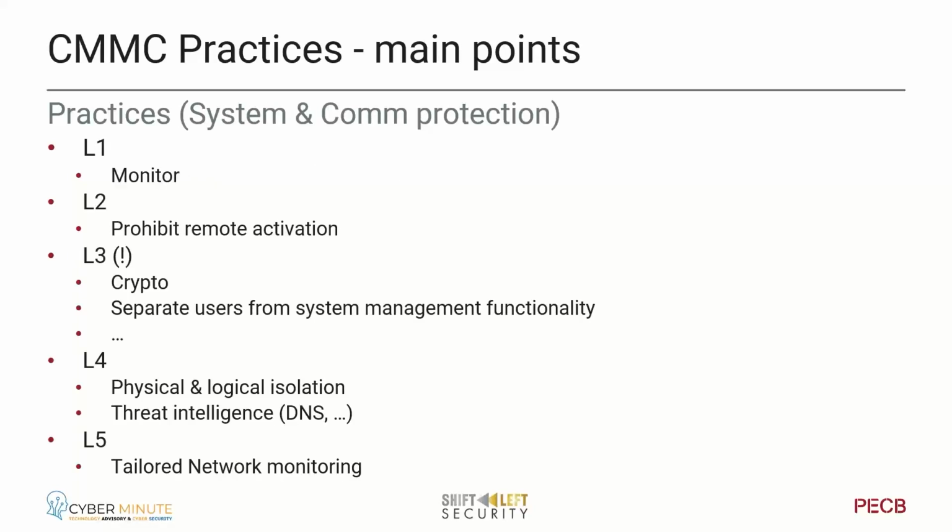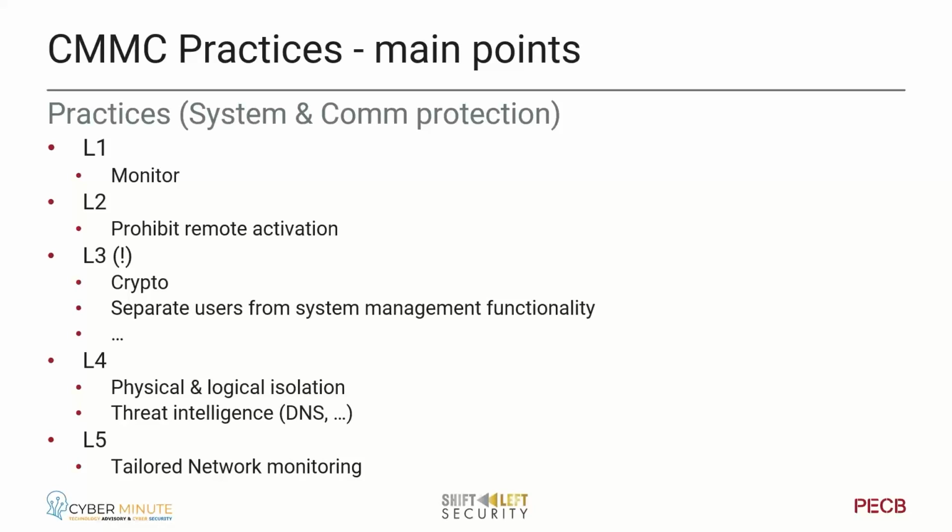And of course, system and communications protection: networking, firewalling, internal segmentation. Make sure that your end user is not logging in as a domain admin on this endpoint, but is using a privileged workstation. Physical isolation, logical isolation, threat intelligence based on DNS requests, firewall blocks, IP addresses, communication.